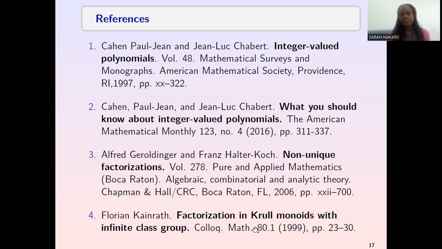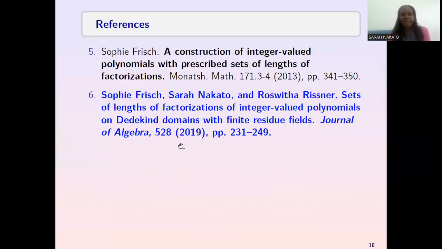And then here you can find Professor Kainrath's result for these monoids with full system of sets of lengths, in other words, where transfer mechanisms were used. In number 5 is where you can find Professor Frisch's construction for prescribed sets of lengths of these integer valued polynomials. Like we said, when we don't put G, we are referring to Int(Z).